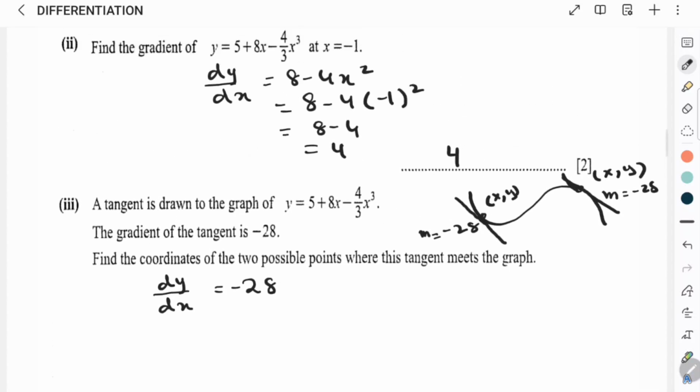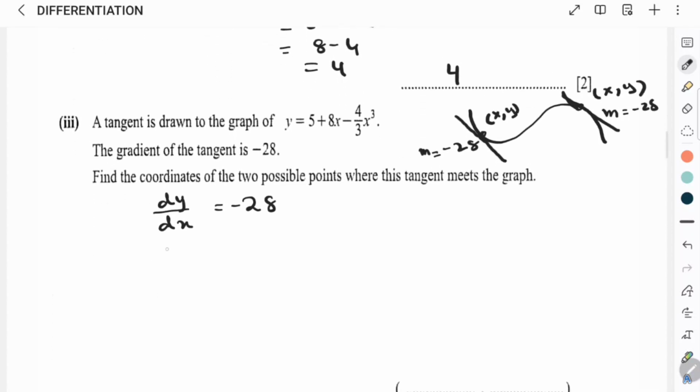And we have found that dy upon dx is 8 minus 4x square is equals to minus 28. So that is solve the equation. So minus 4x square is equals to plus 8 plus 28, which is 36.